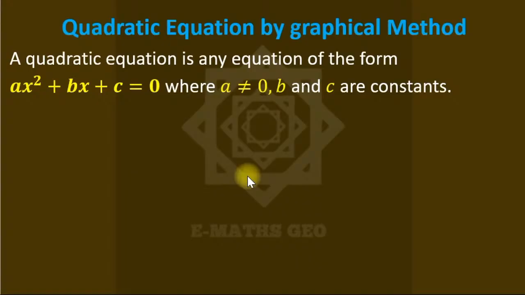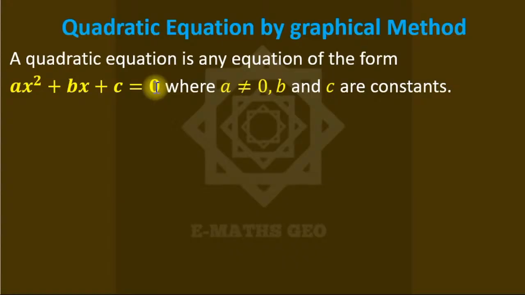Graphical method of solving quadratic equations. We know before now that a quadratic equation is any equation of this form: ax squared plus bx plus c equal to 0, where a is not 0 and a, b, c are constants. Looking at this, we have two functions, because we cannot just plot this.